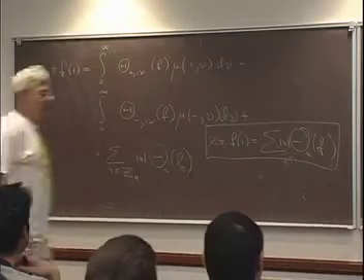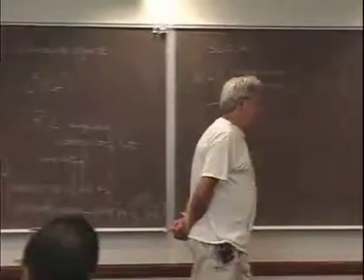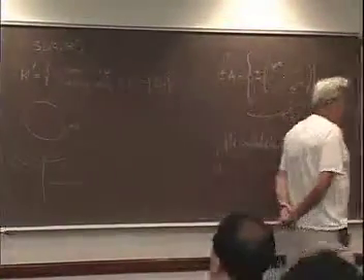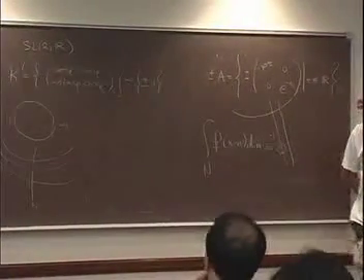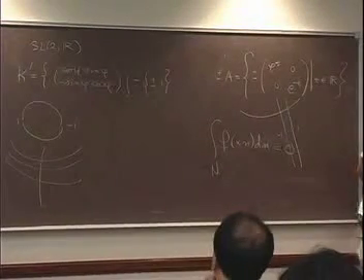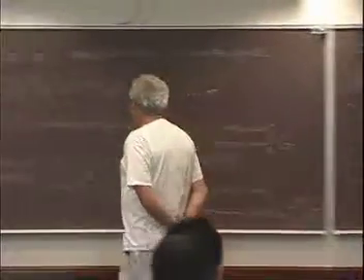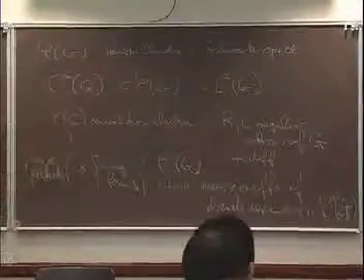I'm trying to give you just the flavor. There are technical tricks, maybe simpler, but I would have to spend 15 minutes writing various formulas which would drive you crazy. So don't take these arguments literally, but this is the idea.